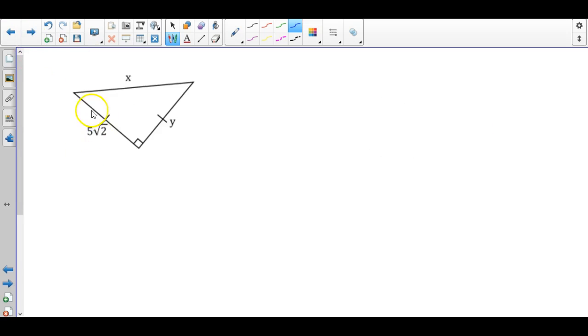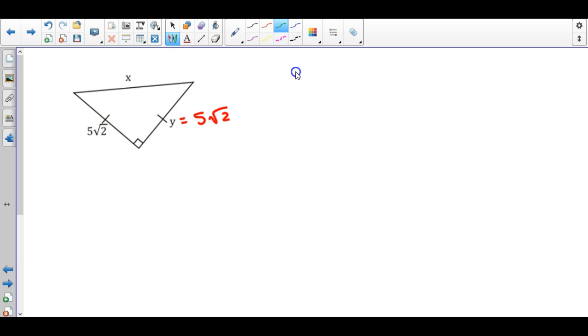Alright, next one, I'm given a leg of 5 radical 2 instead of a hypotenuse. So this will be a little bit different. First of all, it's a leg, because it is not across from the 90 here. So I'm just going to automatically fill in that y is also going to be 5 radical 2. Again, the reason is that your legs are congruent.